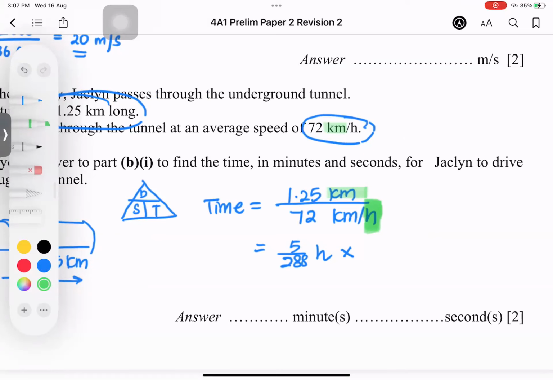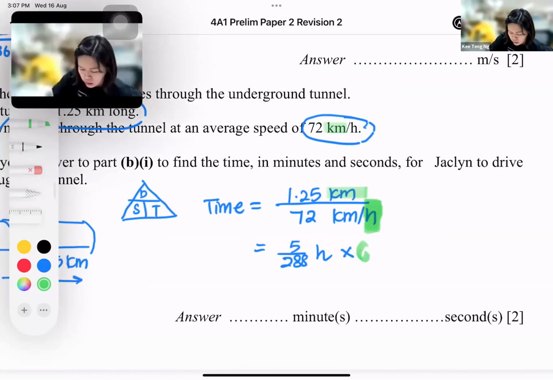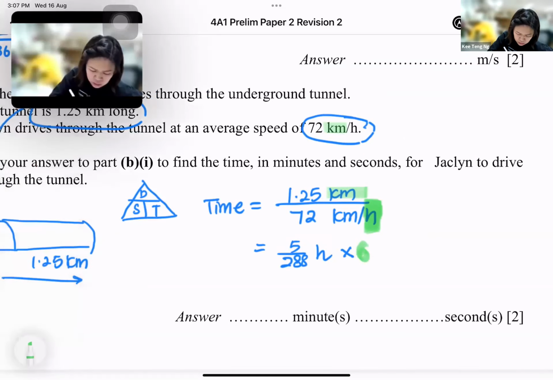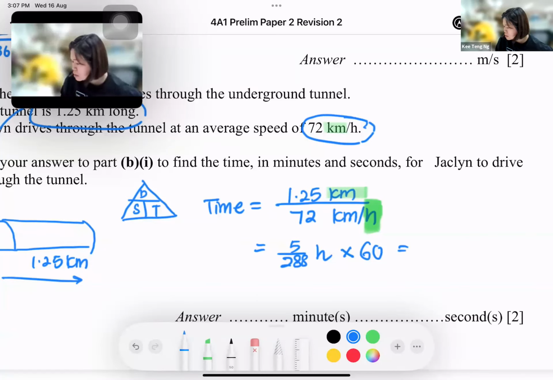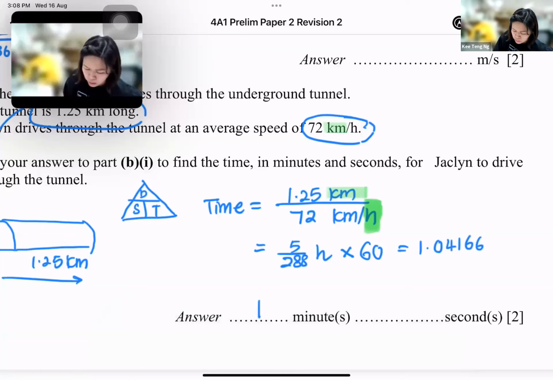Correct. 1 hour, 60 minutes. So I need to multiply this by 60. It gives me 1.04166. So this means I will have 1 minute.